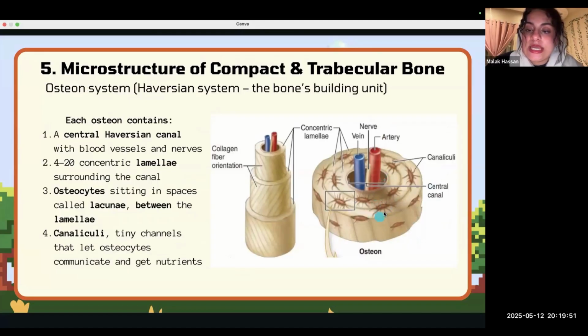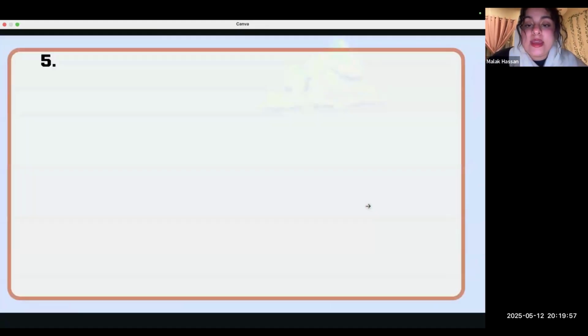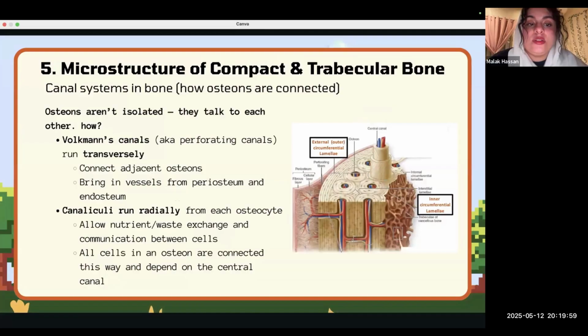You have the osteocyte sitting in its lacuna with its canaliculi, and you can see it's kind of connecting it to the other osteocytes. And you also have something called the Volkmann's canals or the perforating canals that run transversely. These are the Volkmann's canals. And like we said, the canaliculi run from each osteocyte.